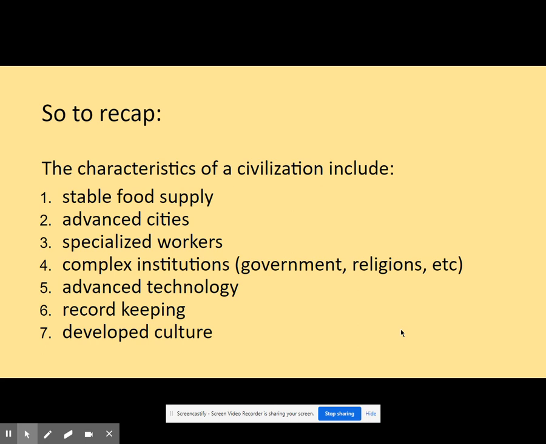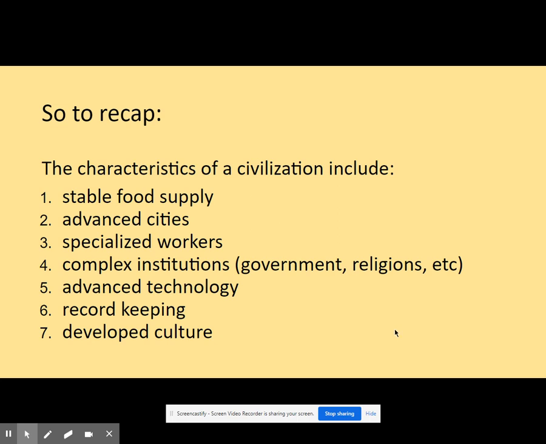So just to recap, the characteristics of a civilization include a stable food supply, so having enough food to support everybody; advanced cities that offer more than just farming options; specialized workers, having people focus on one specific job and having a multitude of job options; and complex institutions like governments and different religious groups or religions in general in order to help the people and help the society.